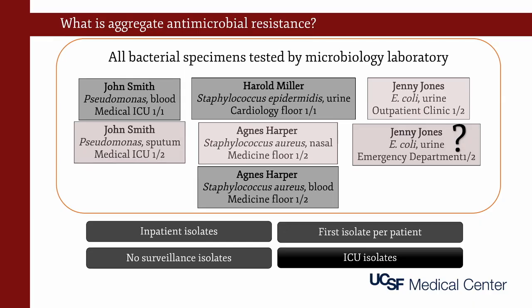The use of only the first isolate per patient per time period for inclusion in the antibiogram, and we'll talk more about this later. And finally, the use of very specific location data like ICU-only isolates.